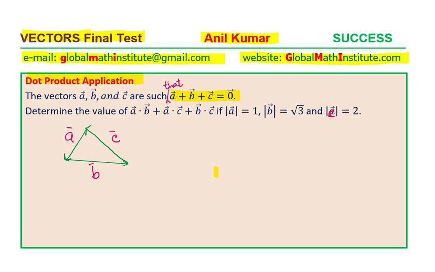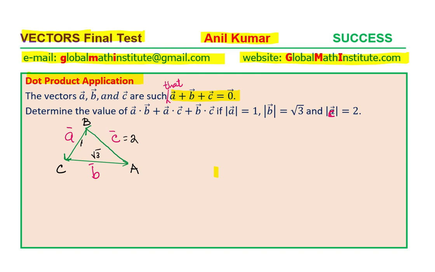The magnitudes are 1 for A, square root 3 for B, and 2 for C. We can label this vertex as A, that is B and C. Now this is our triangle. Perfect. We need to visualize, and that is very important.